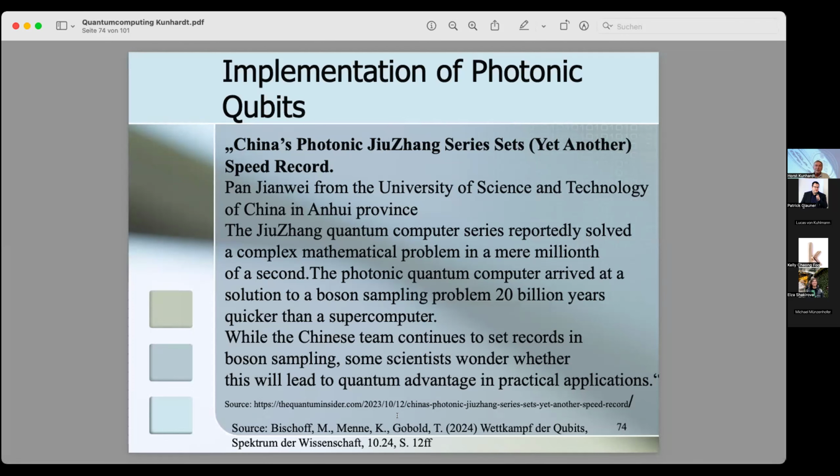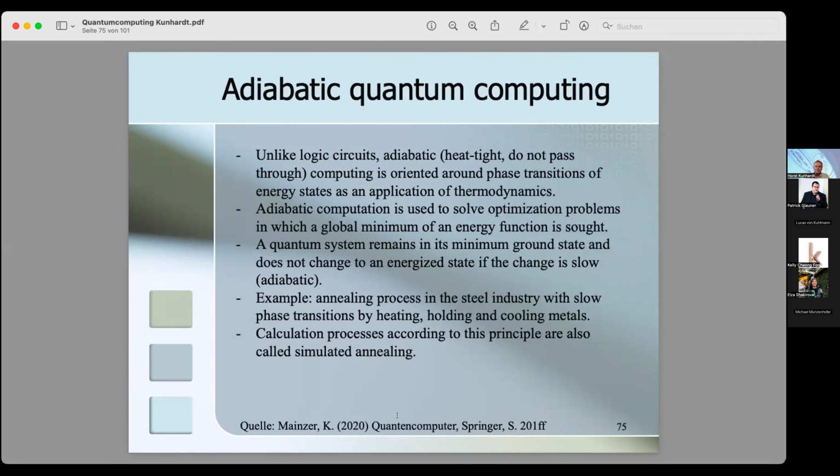That's always difficult to prove, but sometimes algorithms are developed specifically to show the effects and the outstanding speed of a quantum computer.